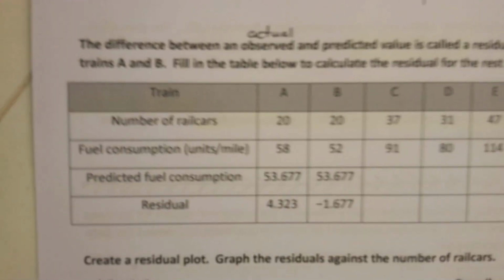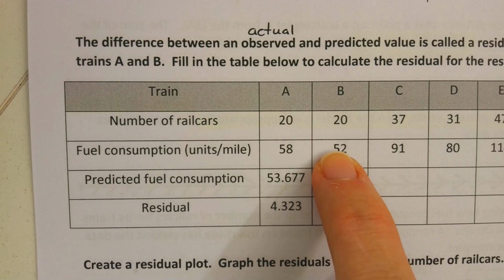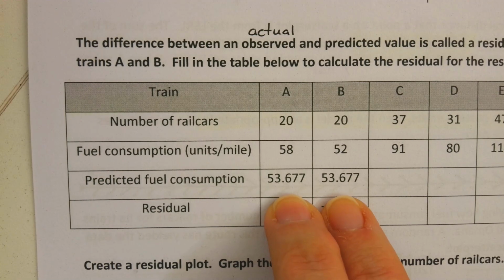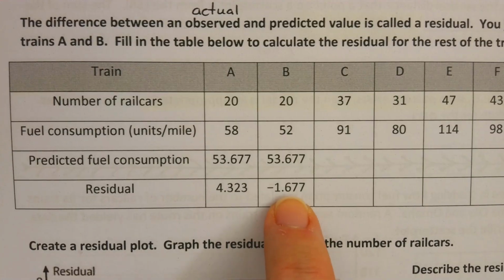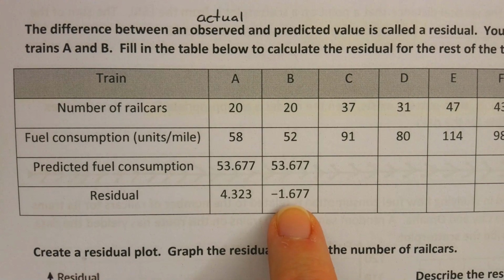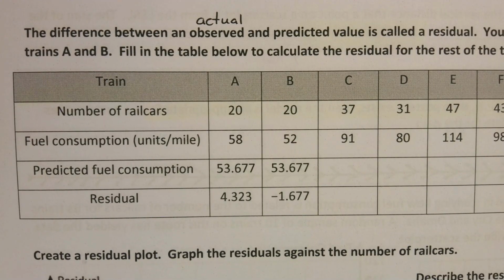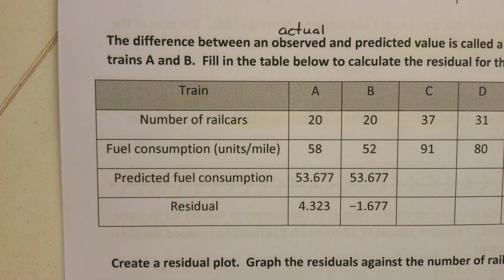So for A and B, you had 20 rail cars. The fuel consumption was 58 and 52 actually, but it was predicted to be 53.677. And so our residual on this one was higher, 4.323. This one I'm writing as a negative because it was lower, 1.677. So let me do one with these just so you can see what we're doing here.